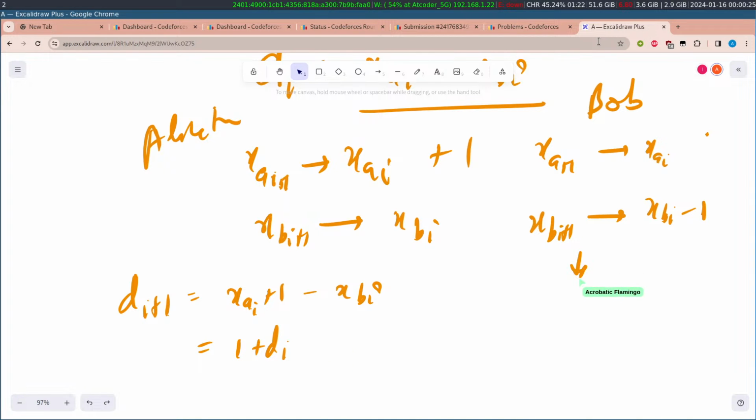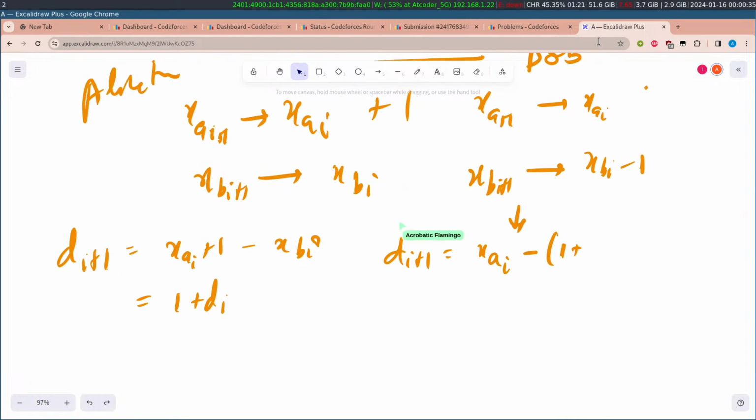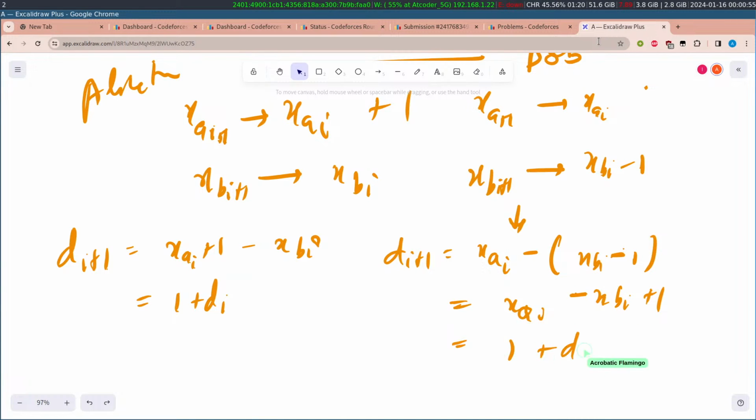And in the other case, where Bob's coordinate decreases by 1, the new difference is again 1 plus di.